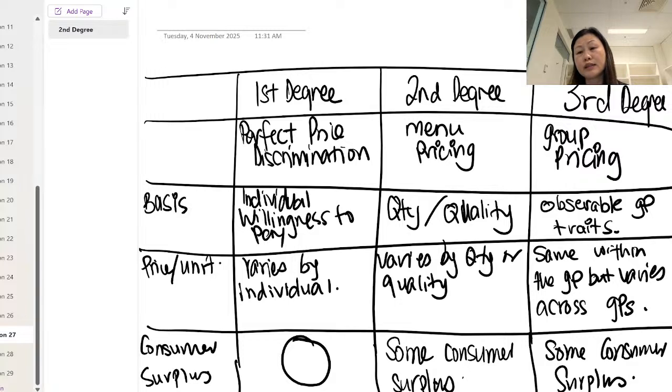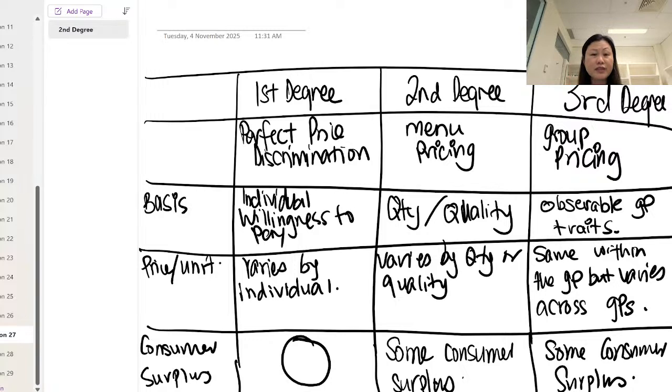And in third degree price discrimination, I talked about an example such as Netflix and Spotify, where they call them regional pricing, where if you go to certain developing countries, they are cheaper.